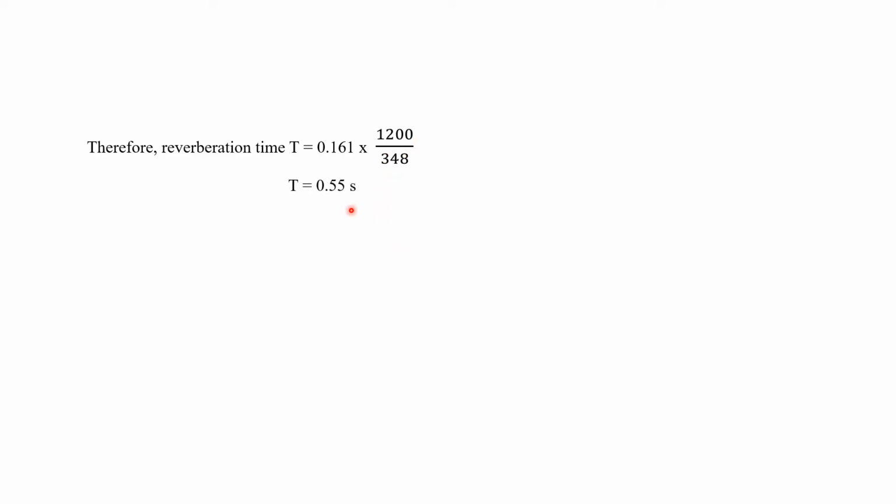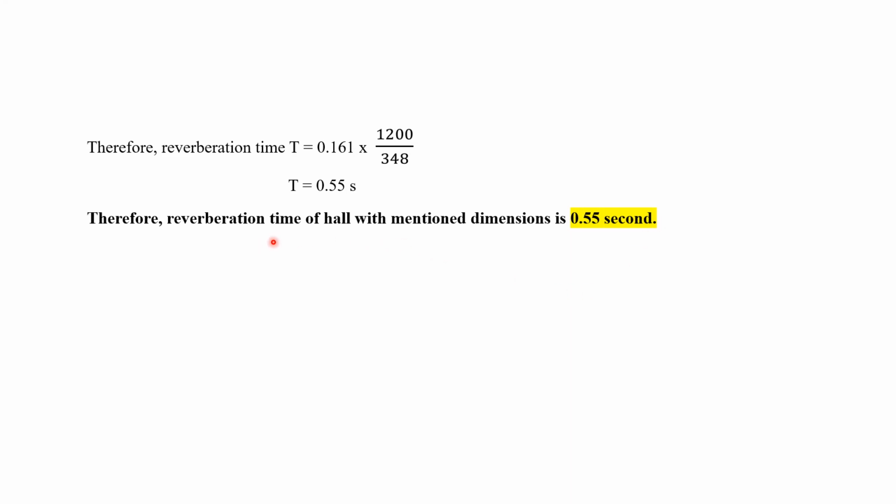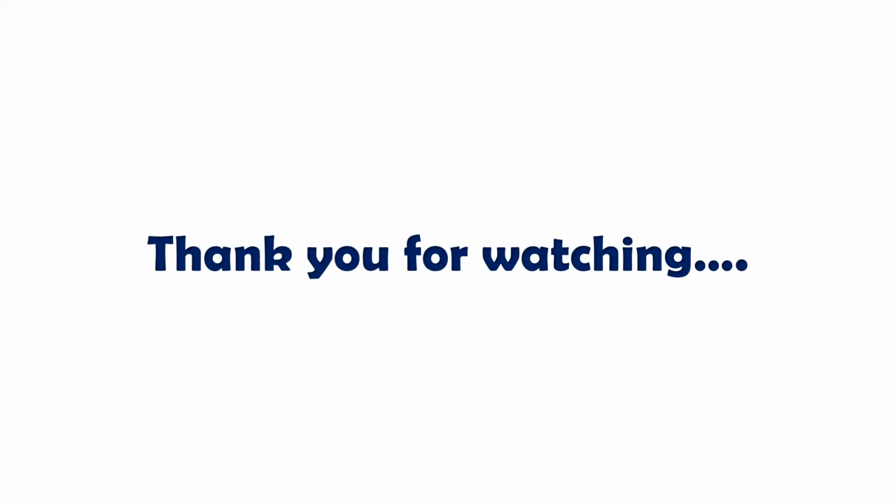After the calculation, you will get the reverberation time equal to 0.55 seconds. So for the given statement, the reverberation time is 0.55 seconds. So that kind of questions are there on reverberation time. Hope you will solve some more questions, and thank you for watching.